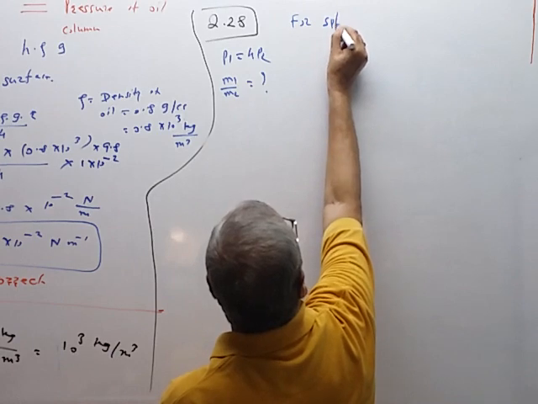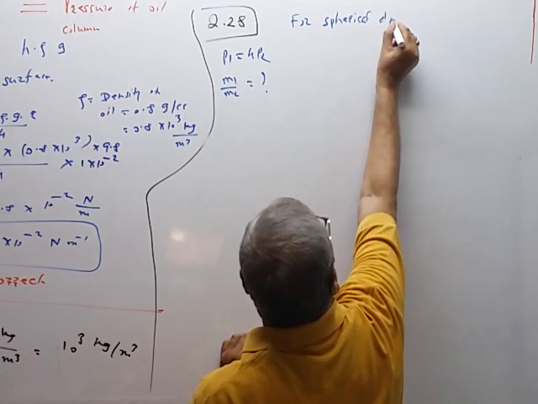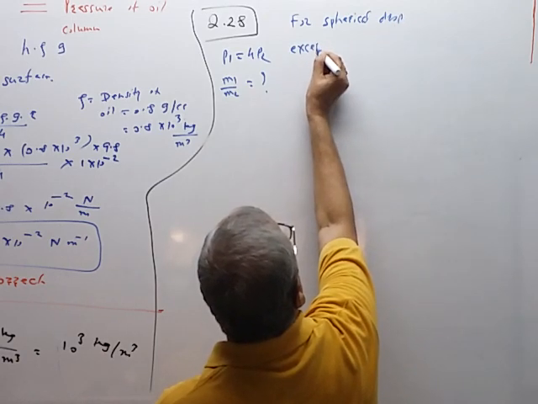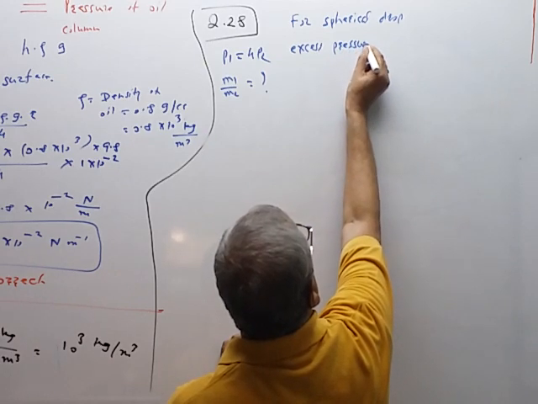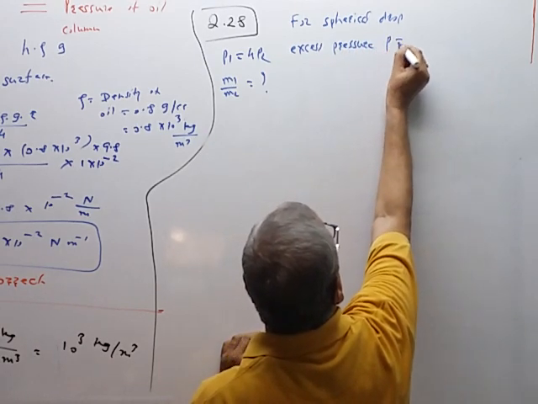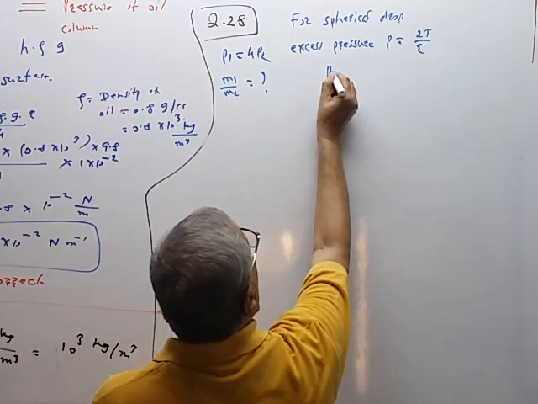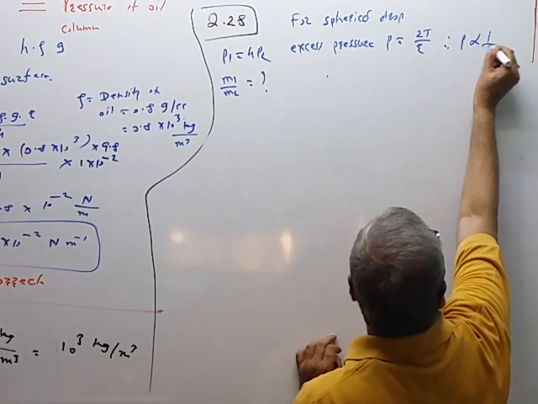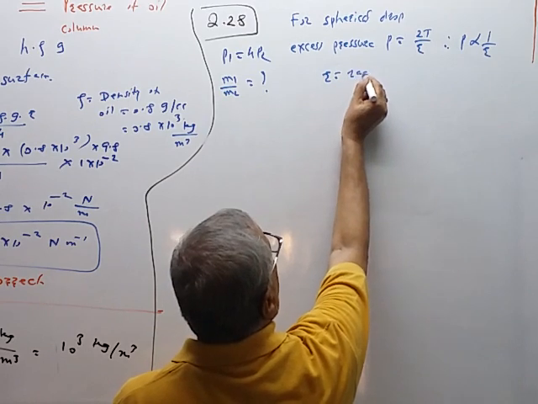So for a spherical drop, excess pressure P is equal to 2T upon R. So P is inversely proportional to R, where R is the radius of the drop.